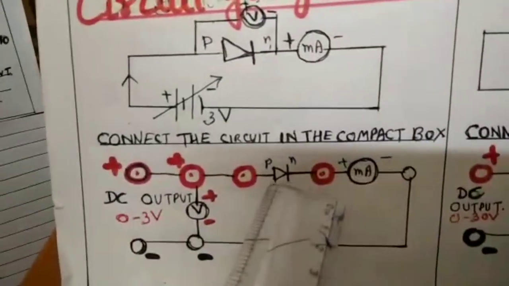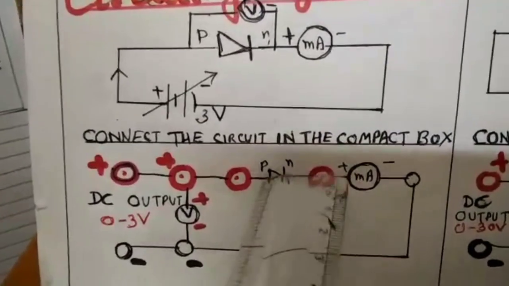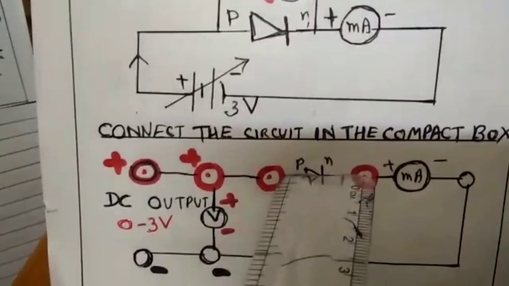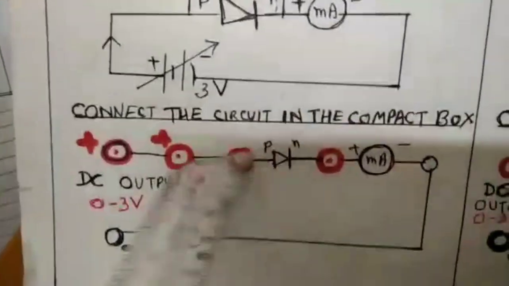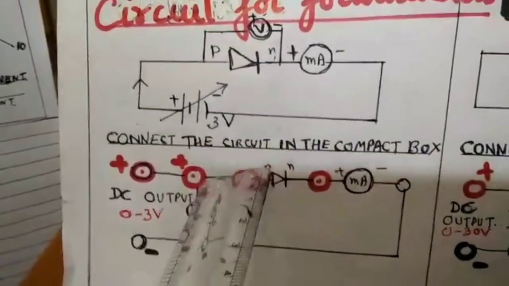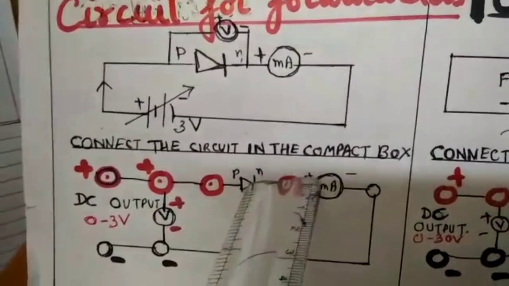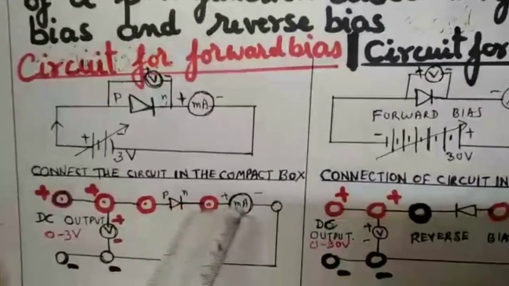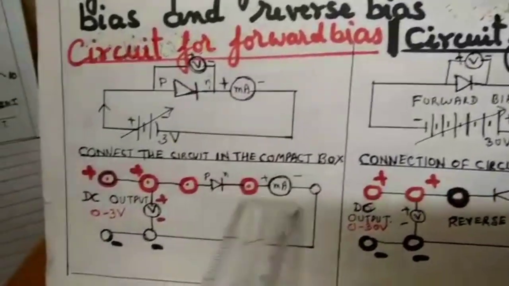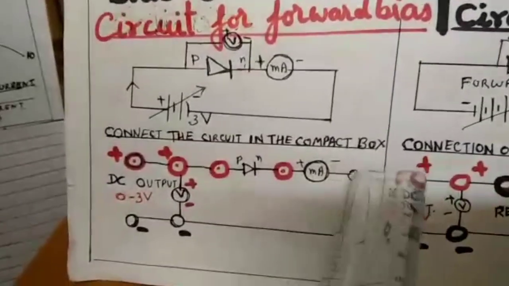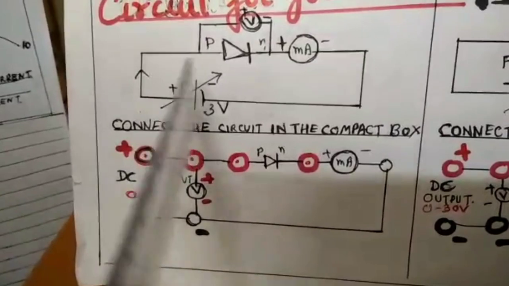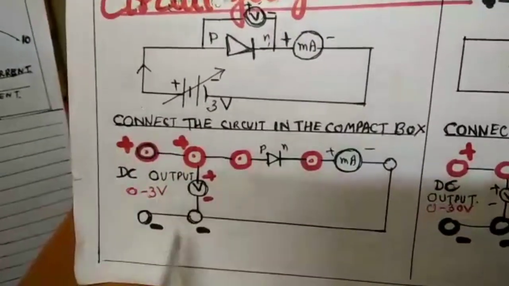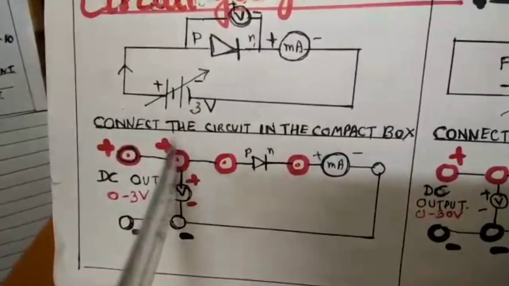This is the diode, and from the P portion of the diode I have connected to the positive of the battery, which I have shown in the red portion, and from the N portion I have connected to the positive of the milliammeter, and from the negative of the milliammeter, and the voltmeter, I have connected in parallel to the battery.